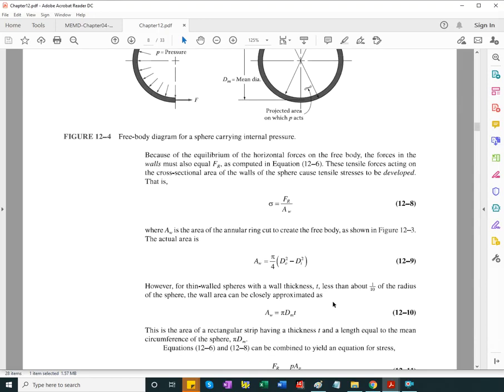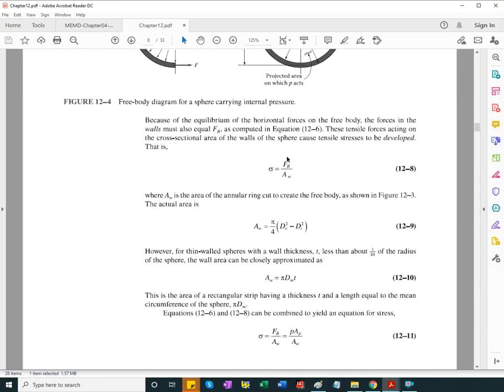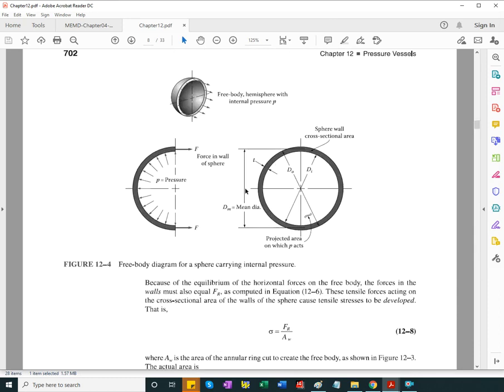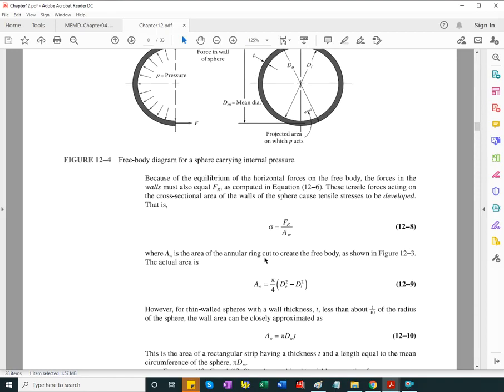Okay, so that resultant force divided by the area of this annulus, this ring, is going to give us the stress in the wall.